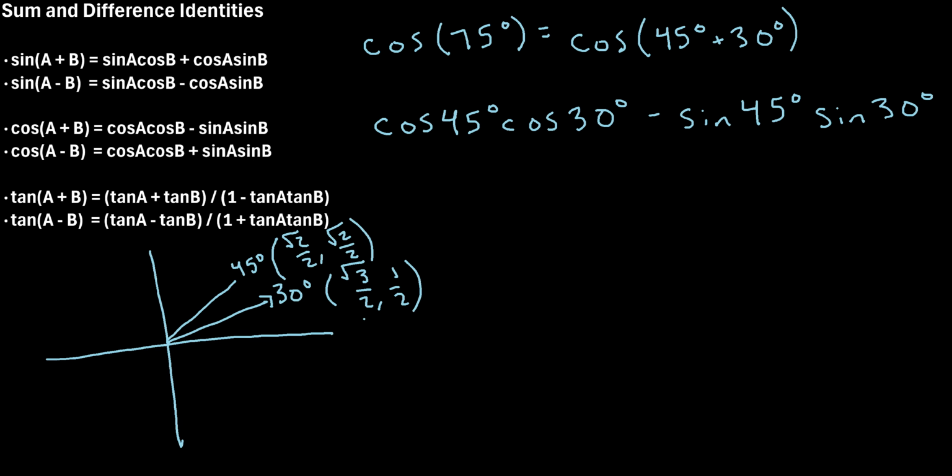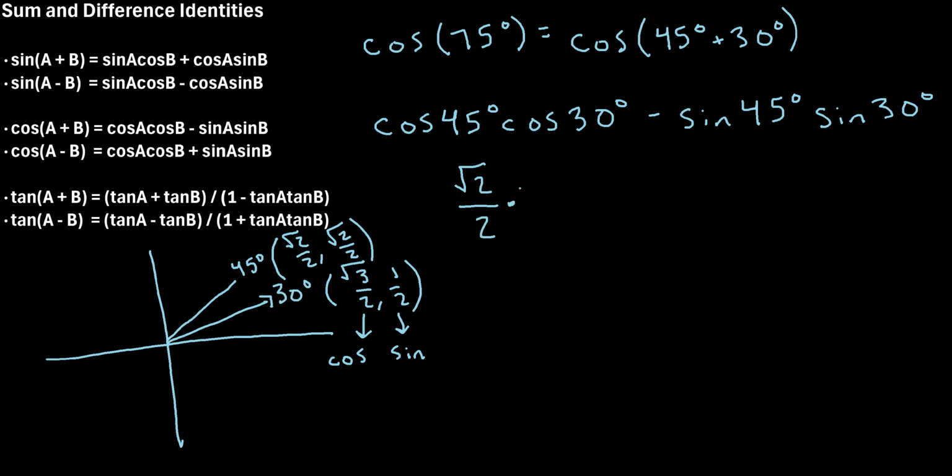So recall that the x coordinate corresponds to cosine, while the y coordinate corresponds to sine. So the cosine of 45 degrees is the square root of 2 over 2. So let's write that, the square root of 2 over 2.